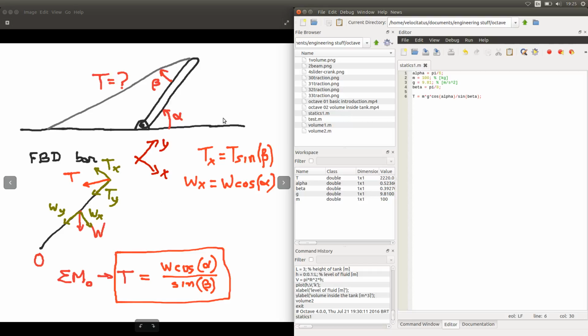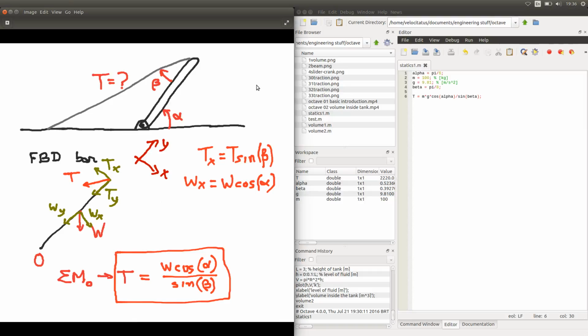Let's say it's a lamppost, and we want to understand what the tension on this cable is as this angle alpha keeps increasing from nearly a horizontal bar to an upright bar. However, that is not so straightforward, because as alpha changes, beta changes as well. So we need to understand geometrically how to first calculate this beta, and from then we can calculate the tension T.